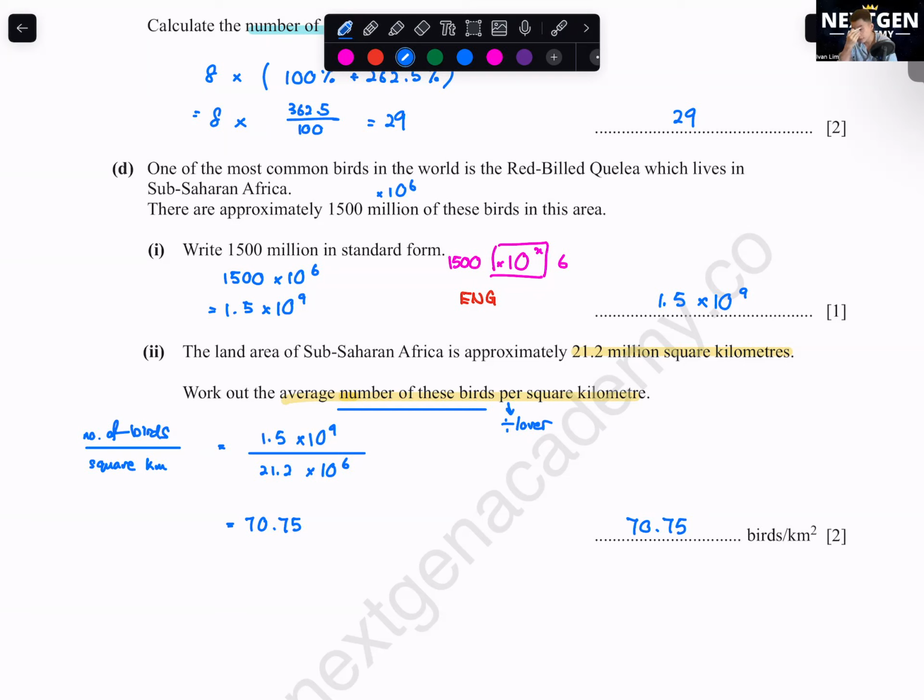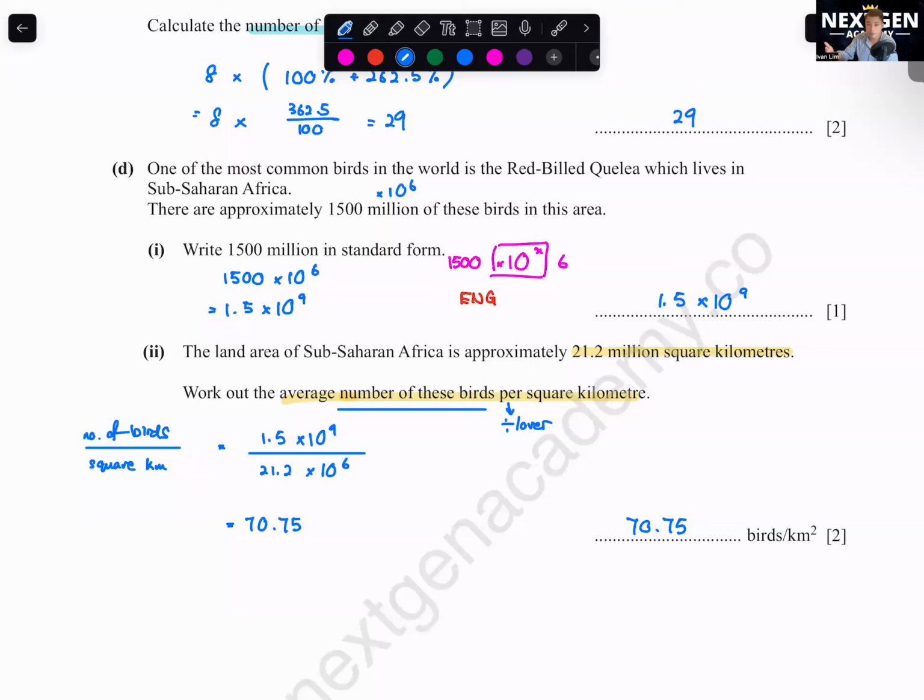In measurements like this, then it can. Because we are finding the number of birds per square kilometer. I'm not so sure how to explain this, but it's because of the units. You're not measuring one entire bird. It's like in this area, this square kilometer, we have 70.8.